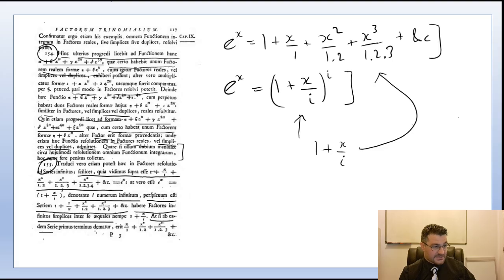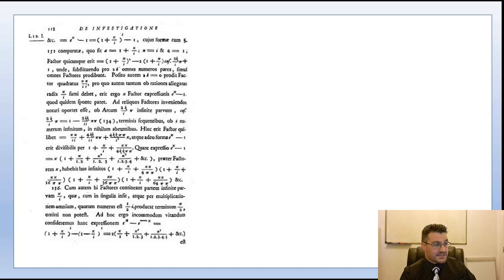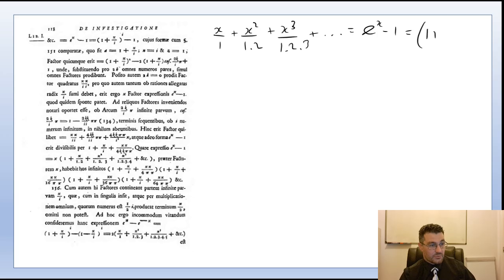So, if from this series the first term is subtracted, then we will have x over 1 plus x squared over 1 times 2 plus x cubed over 1 times 2 times 3, plus and so on, is equal to e to the power of x minus 1, which in turn is equal to 1 plus x over I to the power of I minus 1.